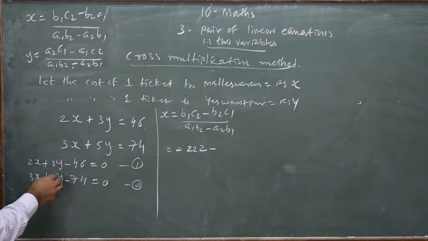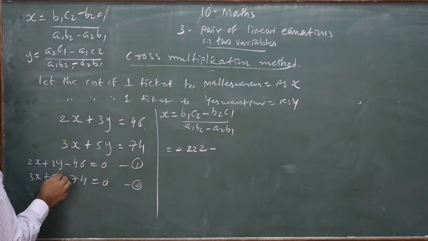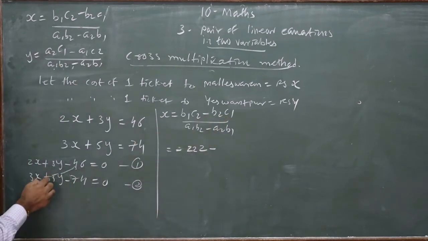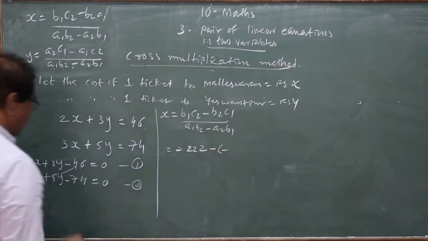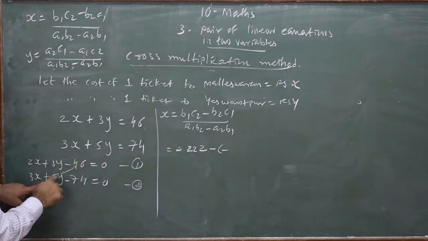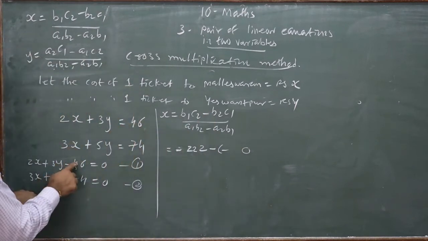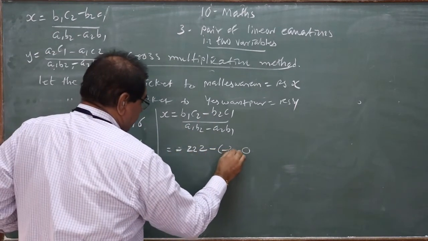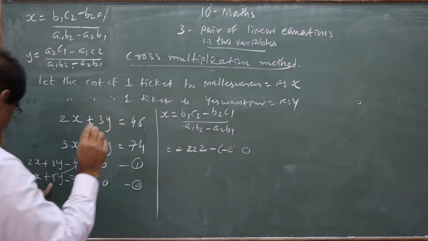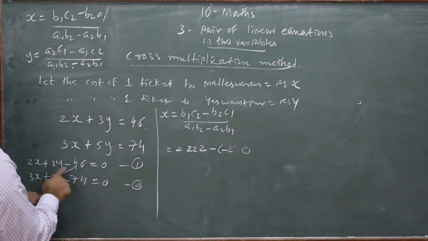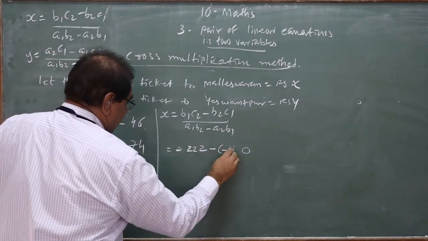B2 C1. B1 C2 is done. Now B2 C1. So 5 into minus 46. So again answer is minus. 6 5s are 30, 0, 3 carry forward, 4 5s are 20 and 3 23.